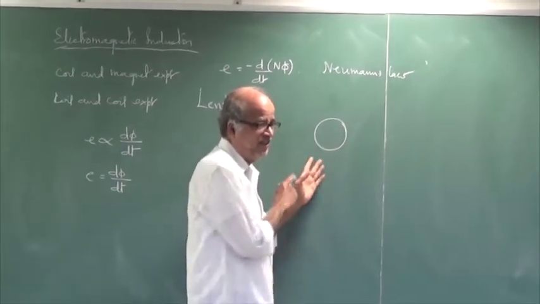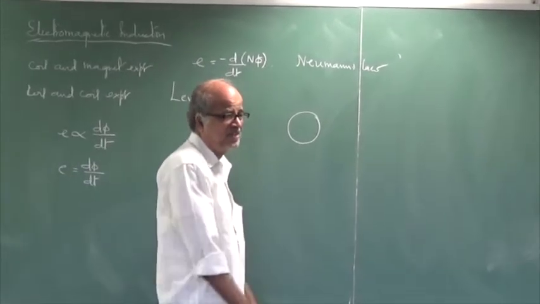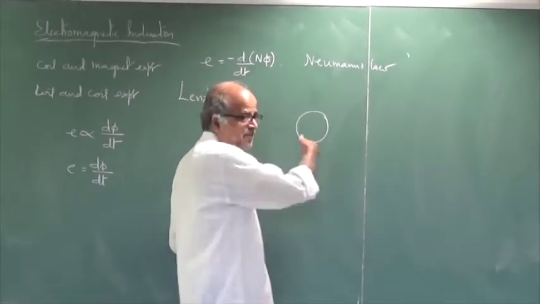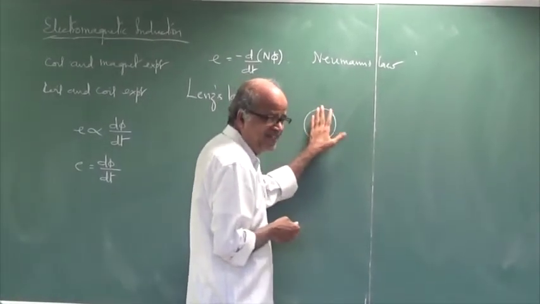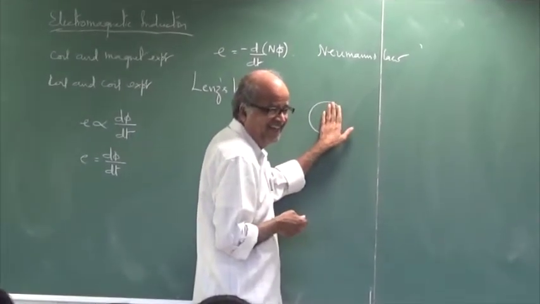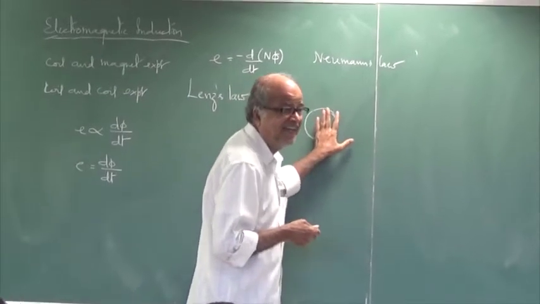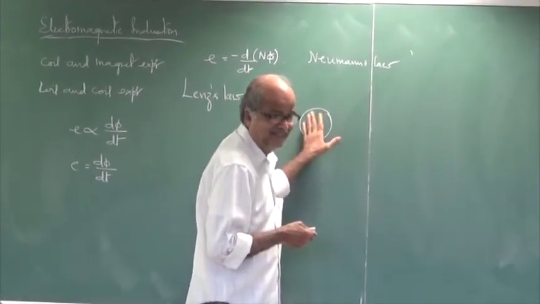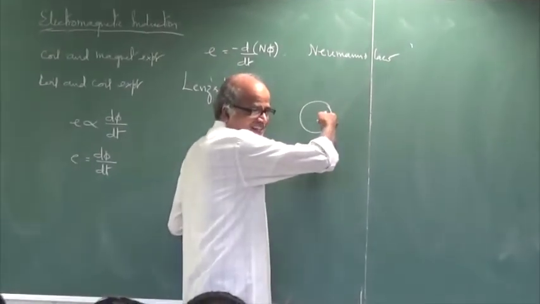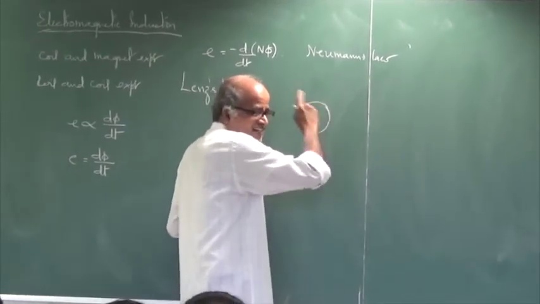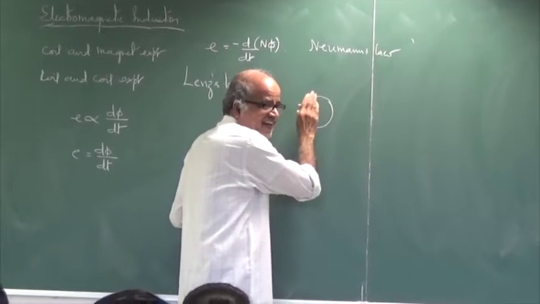According to Lenz's law, it should oppose the cause producing it. What is the cause producing it? Approach of the north pole. That should be opposed. That means current is induced on this side such that this face becomes a north pole, because there is repulsion between the two north poles.